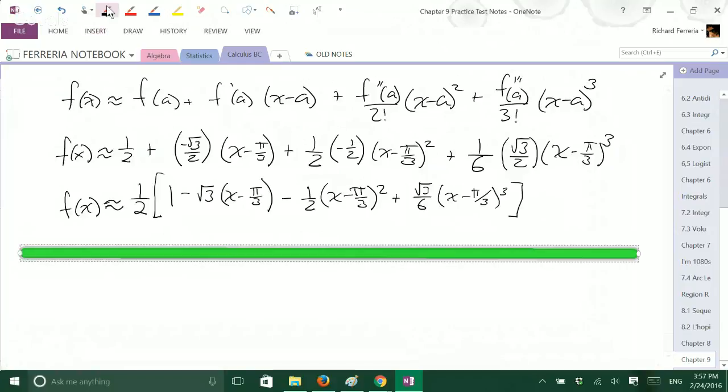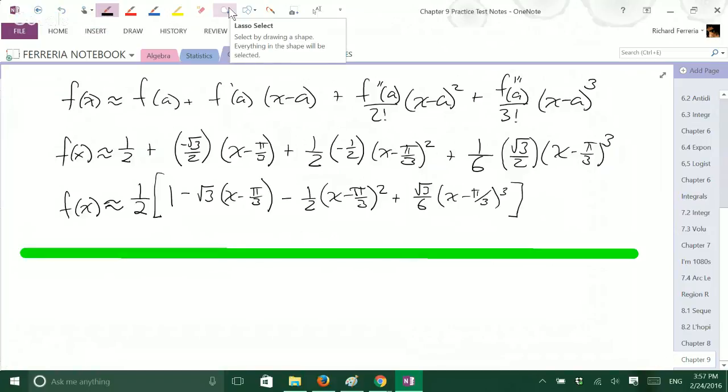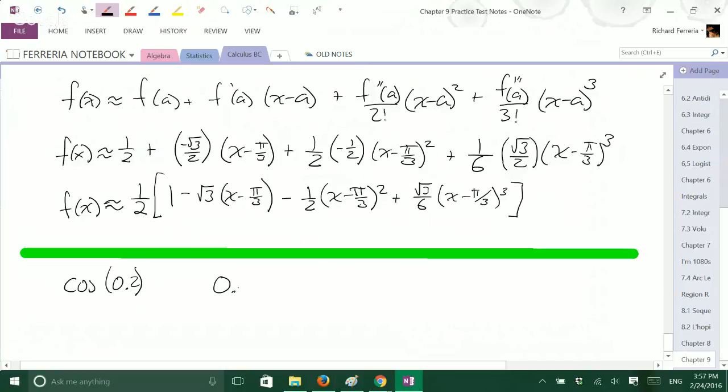Let's take a look at 8. Another Taylor polynomial, second order, to approximate cosine of 0.2. Okay, so 0.2 is close to 0.